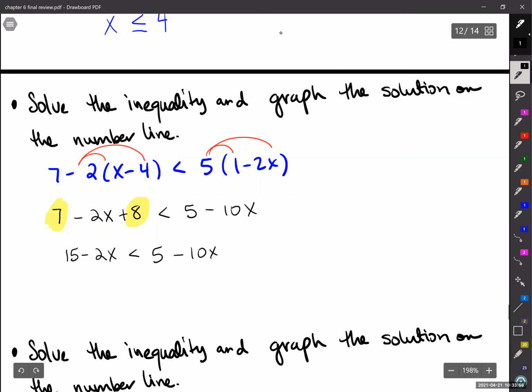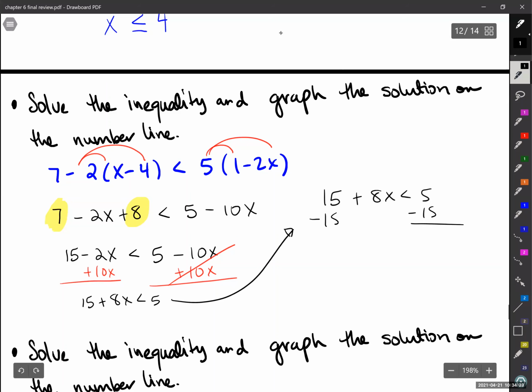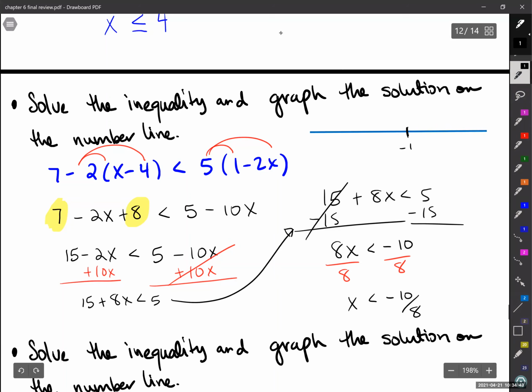Now that we've simplified, we can start solving this as we normally would. Now, negative 10 over 8 doesn't simplify nicely to an integer, but we could just leave it on our number line as negative 10 over 8.